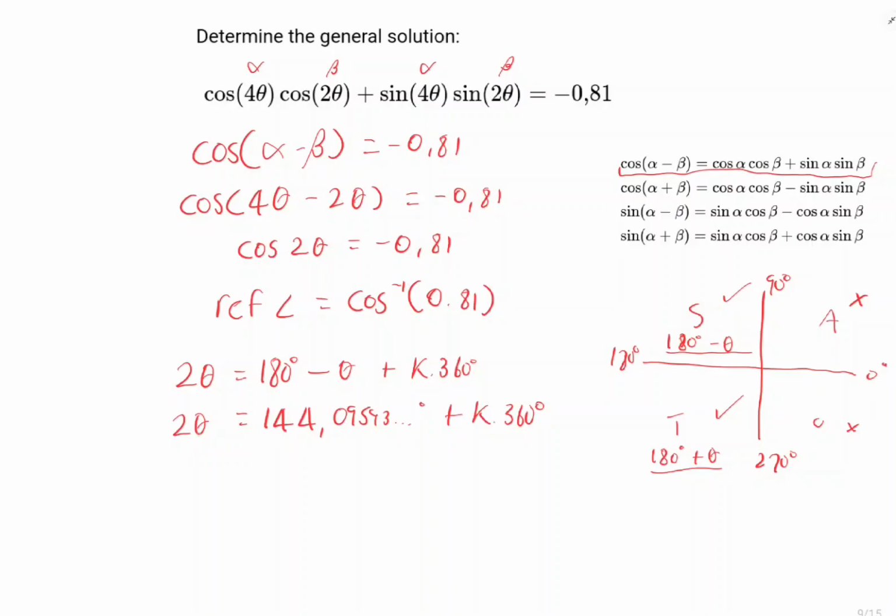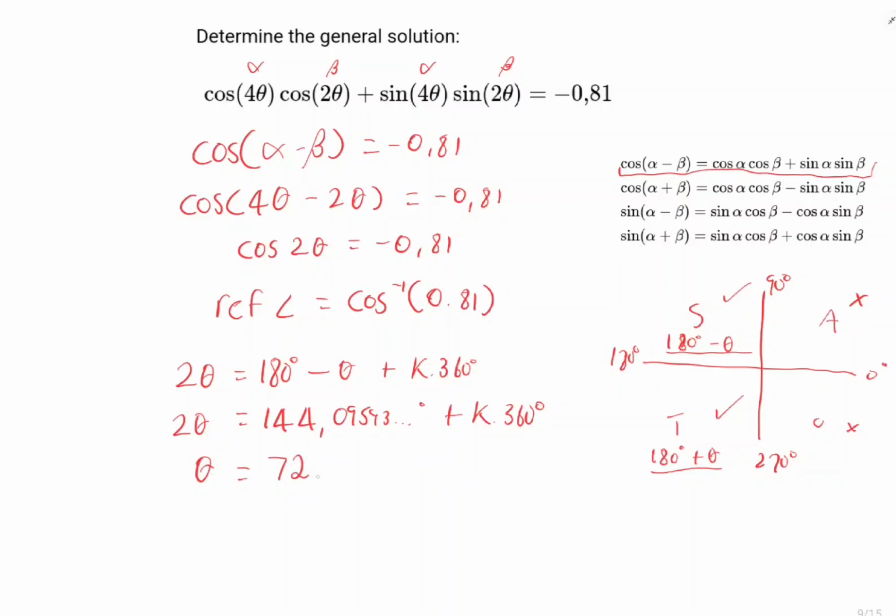We want to round off once we have only the angle isolated. We have 2 angle, so we just want to divide everything here by 2. So if we divide this unrounded 144.09593 etc. by 2, now you can round off because now you're only left with an angle.